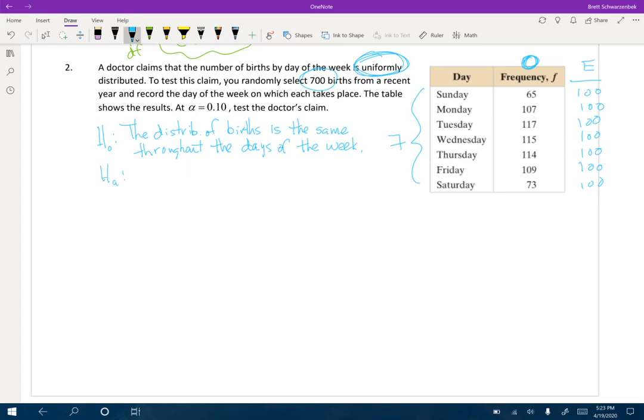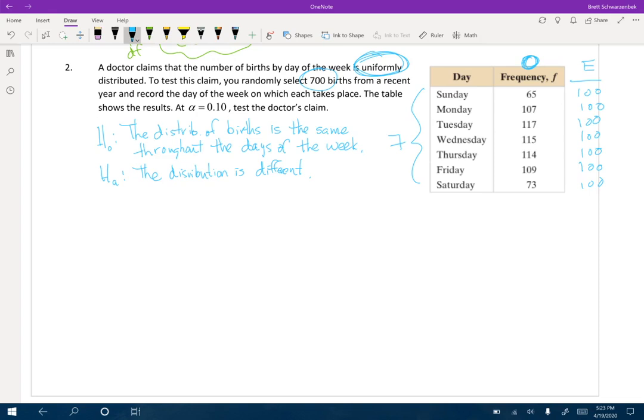And the alternative would be the distribution is different. Okay, as I said before, you can just write that if you like, and that's fine.